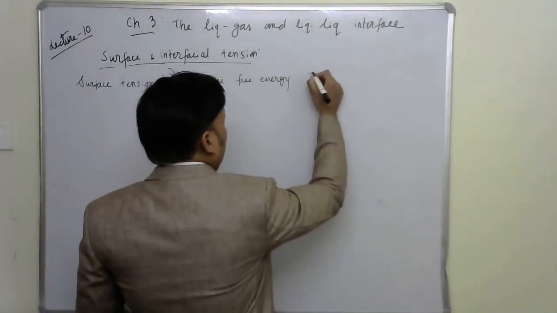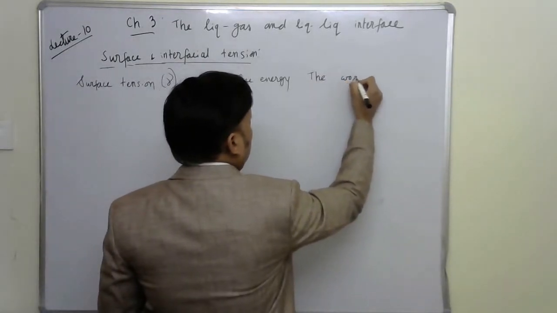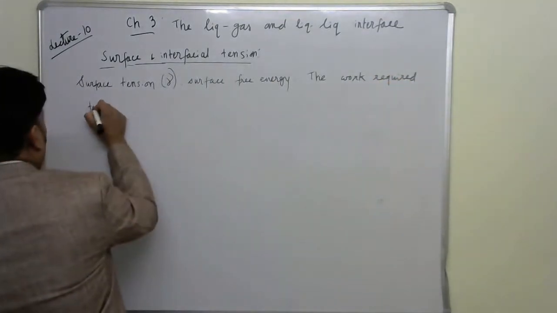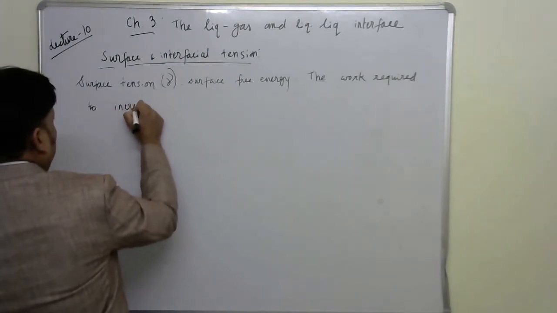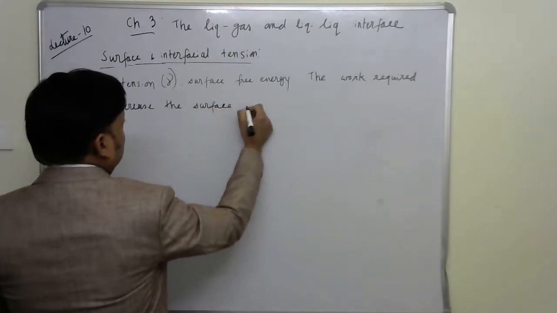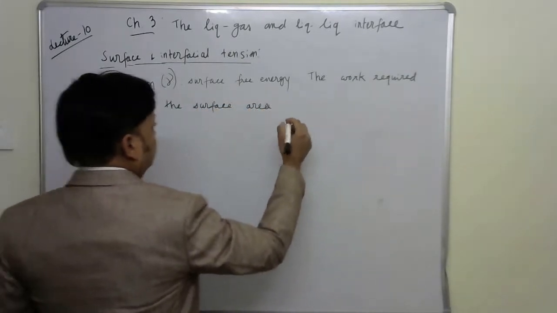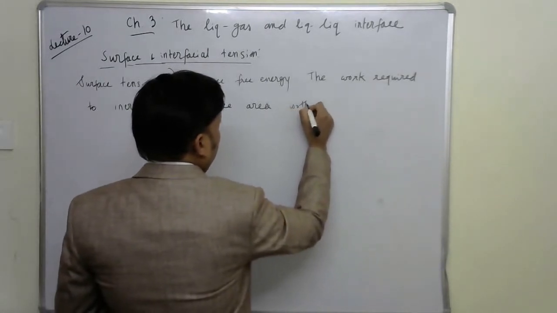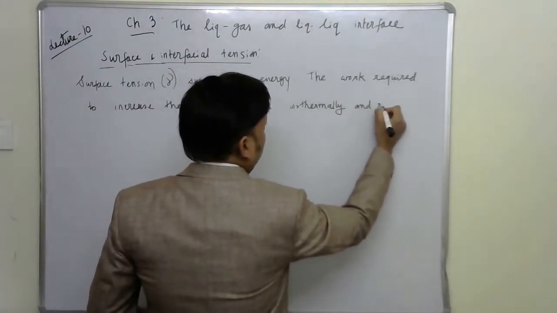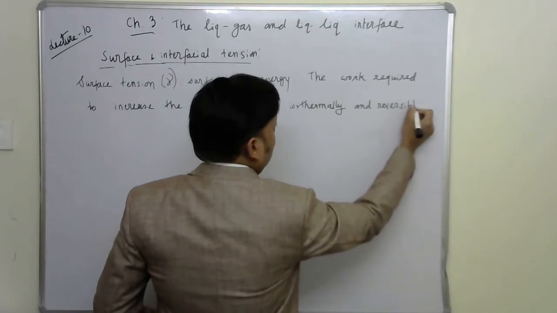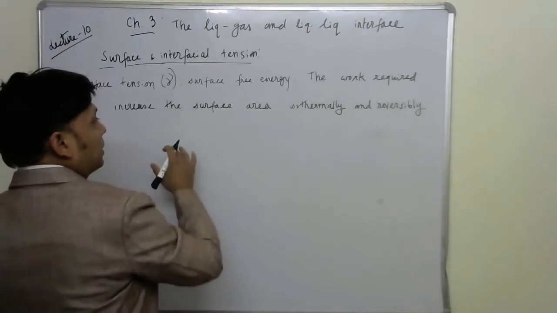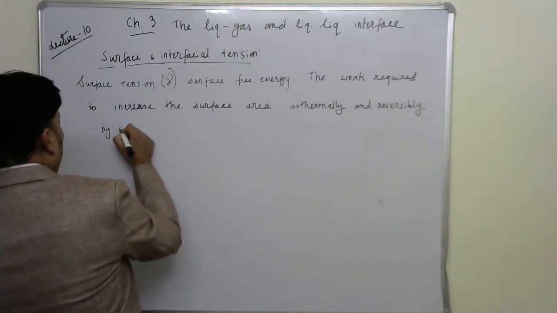This is defined as the work required to increase the surface area of the existing surface isothermally, meaning without changing the temperature, and reversibly, that means the surface should not be destroyed, so it can be stretched or compressed, by 1 unit.